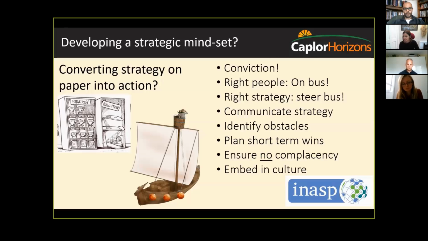If you get to the end of 5 years and only then do you start celebrating your successes, I think people will fade away. So again, it's identifying the short-term wins and making sure that across all the aspects of the organisation or the consortium, people really take part in celebrating those successes.